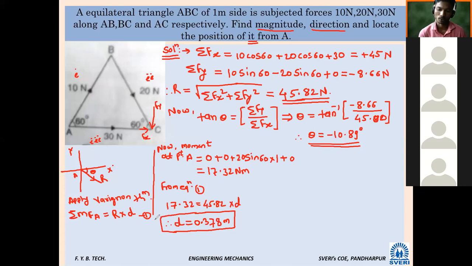So what is the formula I have told? X intercept and Y intercept. The X intercept is equal to the summation of moments due to all forces at point A divided by summation of Fy. So calculate: 17.32 divided by summation Fy.